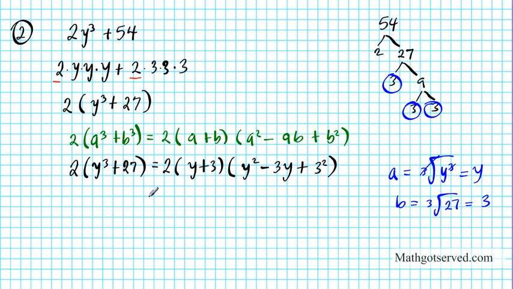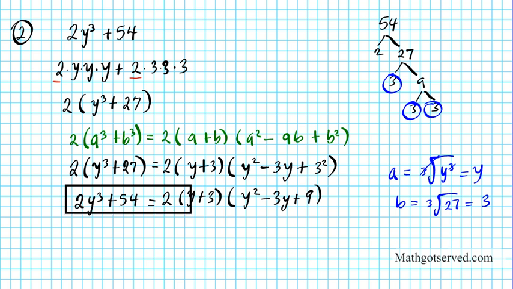Let's finish this up. Bring down the 2. 2 times y plus 3 times y squared minus 3y plus 9. There goes the factored form of the original problem, 2y to the third plus 54. So there goes your final answer.